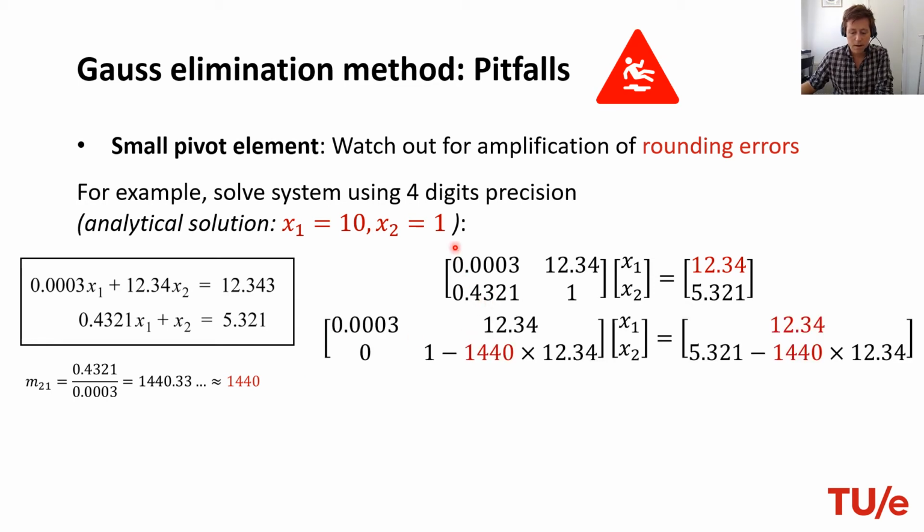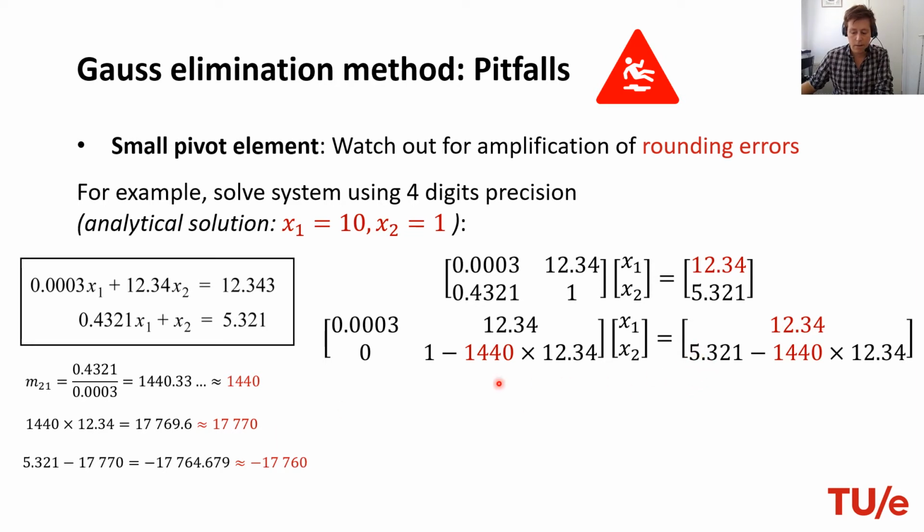This means that we want to subtract from the second row the first row times 1440, and that is what is shown over here. Let's compute each of these elements. 1440 times 12.34 would be 17,769.6, which gets rounded to 17,770.